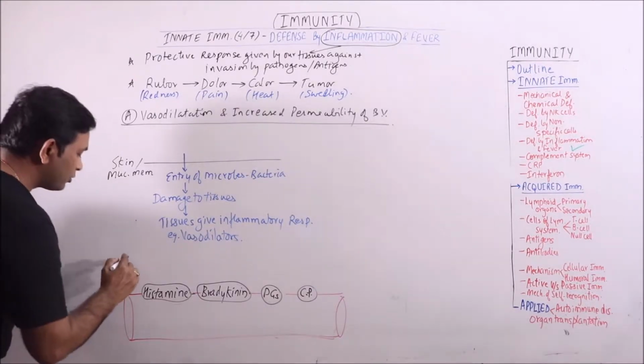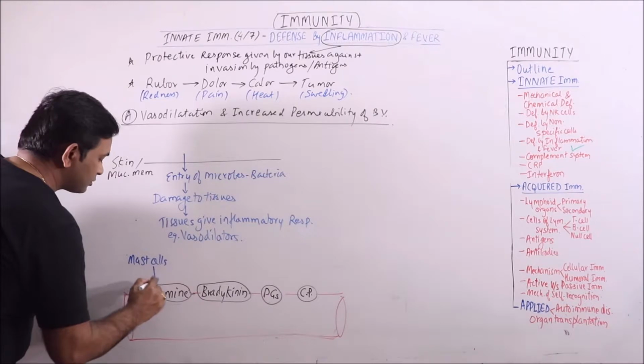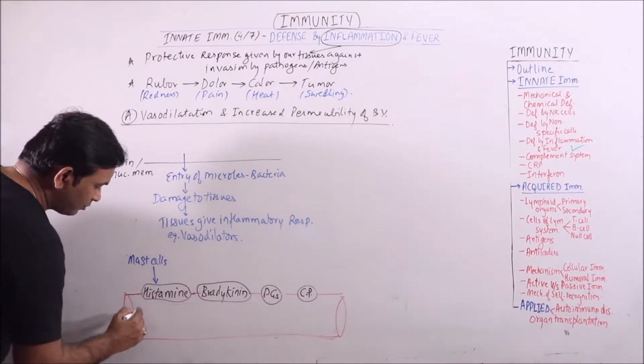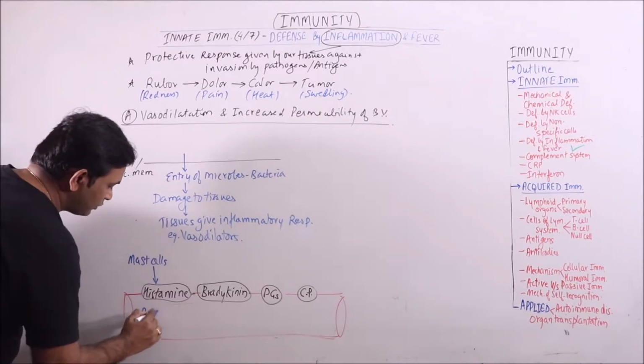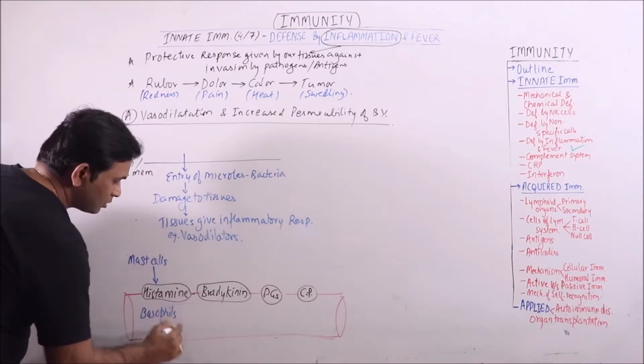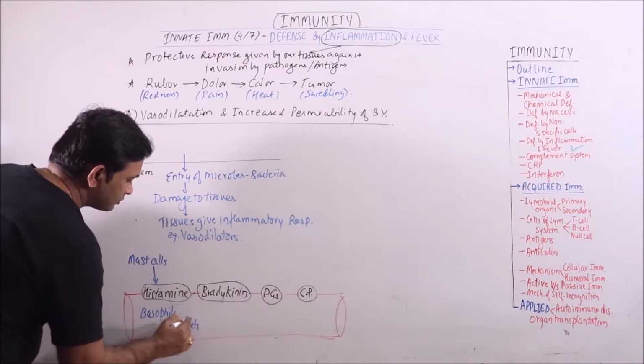Histamine is mainly contributed by mast cells, and from the blood vessels it is contributed by basophils and platelets.